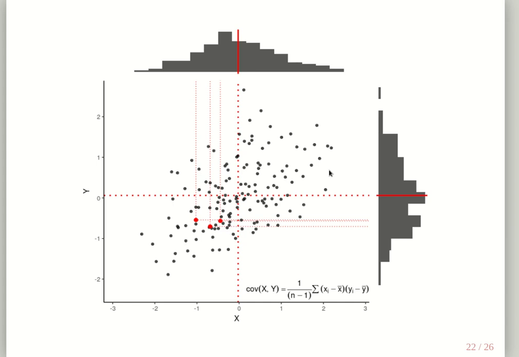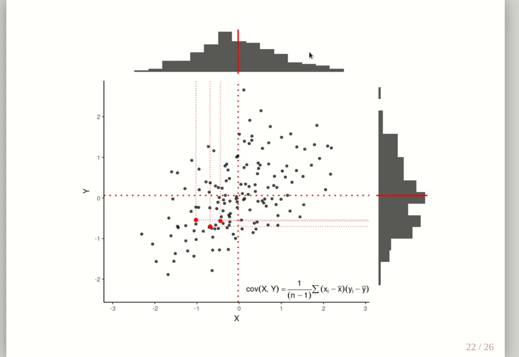For the visual learners out there, here is another representation of how the covariance is computed. We have here variable x and variable y, each of which has their own scale of values. In this case, I have arranged them to be centered around 0 just for simplicity. We have here on the margins the marginal distribution of each variable.